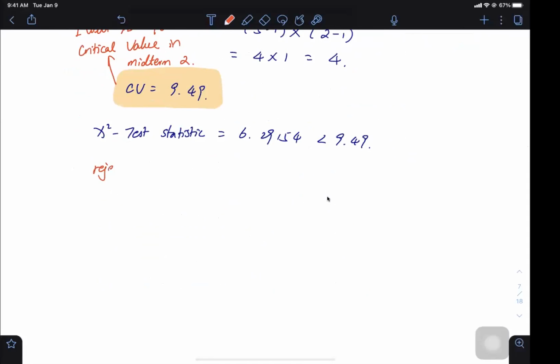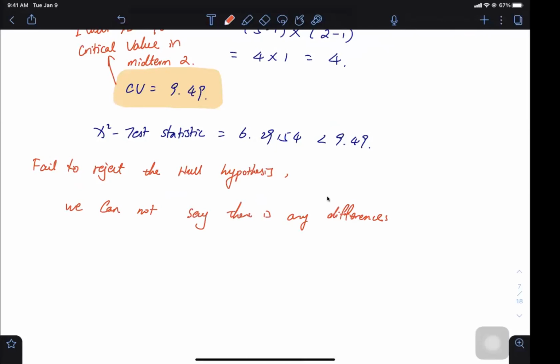So that's why we fail to reject our null hypothesis, and we cannot say there are any differences between the distribution for the UK kids and the US kids. So this is the second approach.